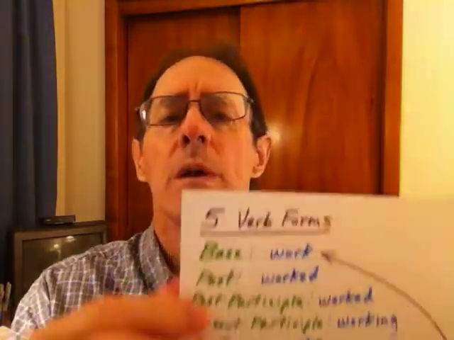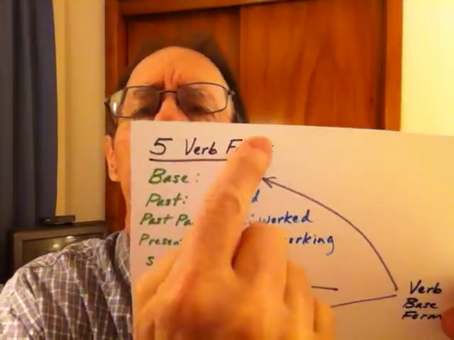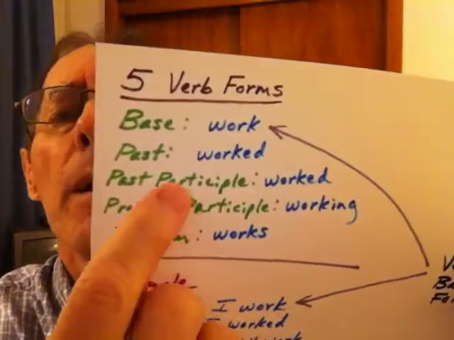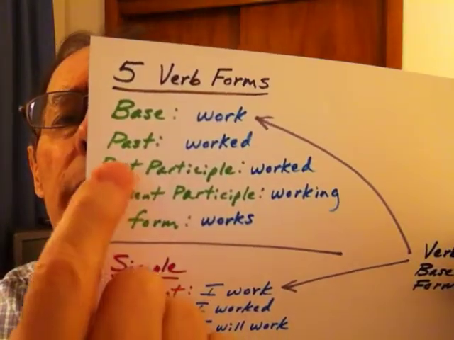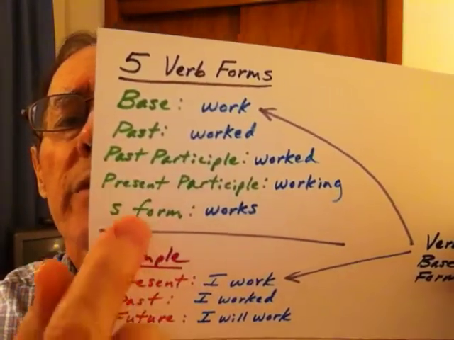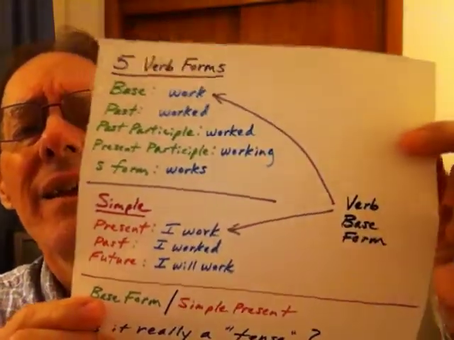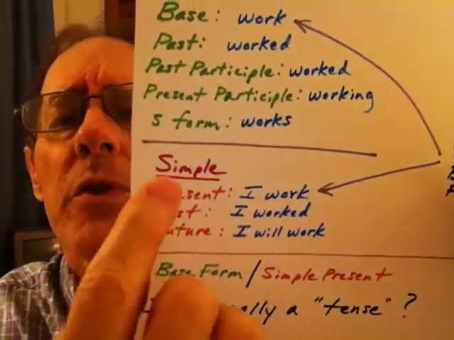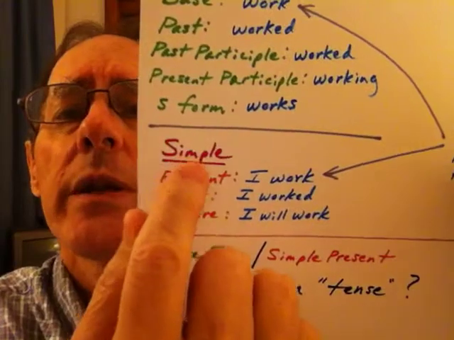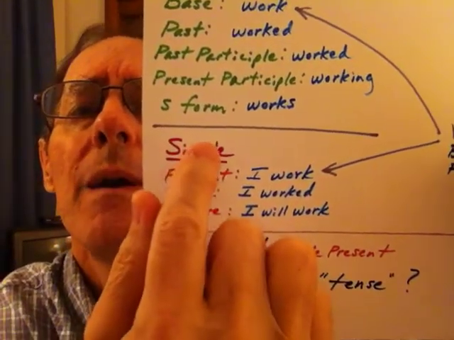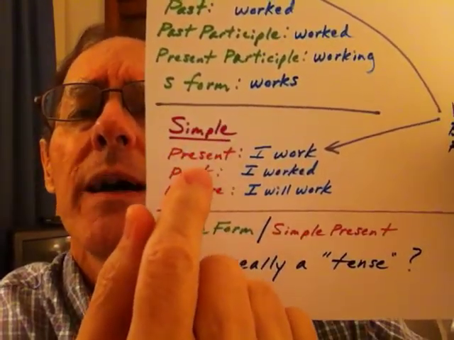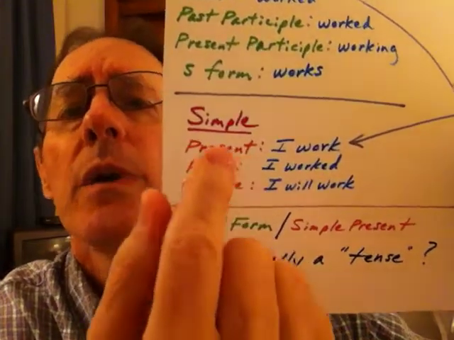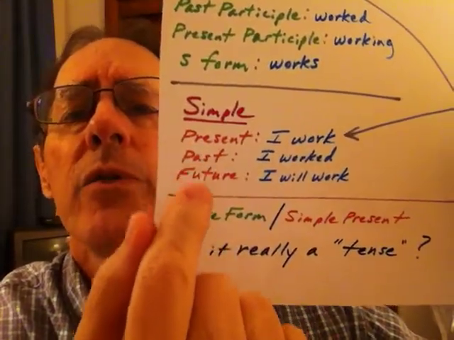So, as I mentioned, you have your 5 verb forms for normal verbs: base, past, past participle, present participle, S form. And down here, if you just take, as an example, the simple tense, you'll have your action time indicators: present, past, future.